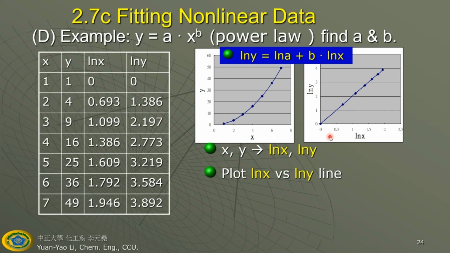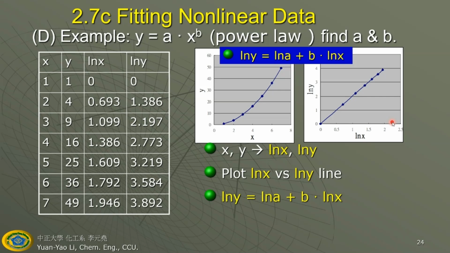When you have a straight line, you can make an equation, y equal to ax plus b. So you can write down that natural log y equal to natural log a plus b times natural log x, because this is linear.